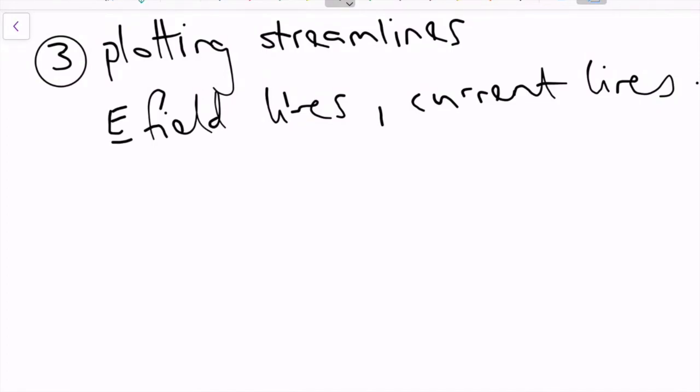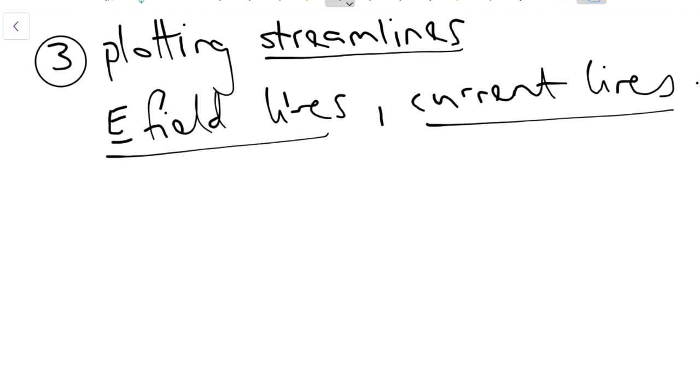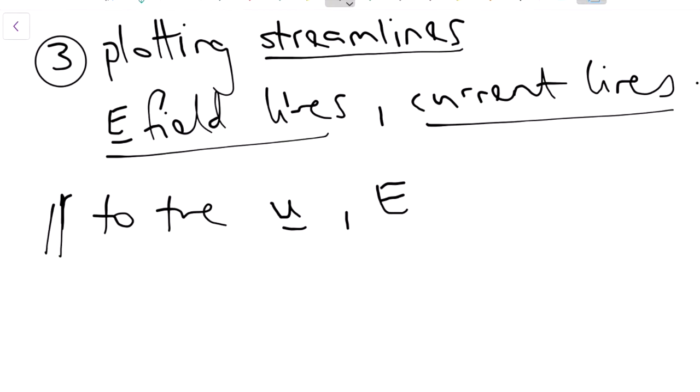And how do you do this? Well, you know that those geometric objects, so streamlines, electric field lines, or current lines, they are parallel to the velocity u, e, and j respectively, right?